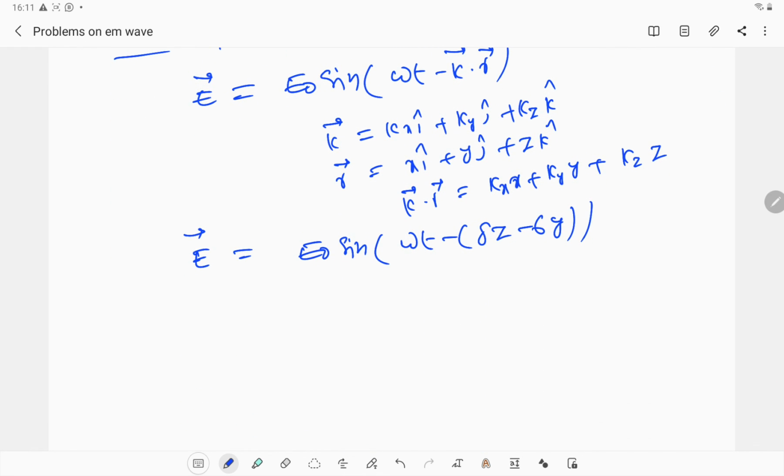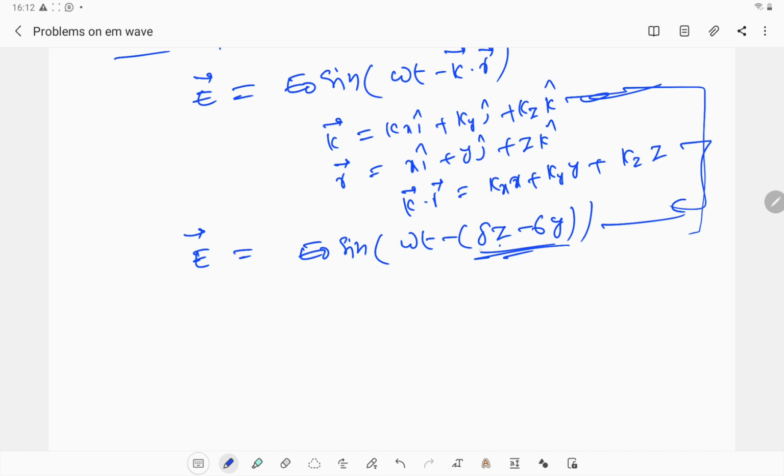And when you compare this equation and this equation, omega t minus k bar dot r bar, these two equations, kx into x, ky into y plus kz into z.